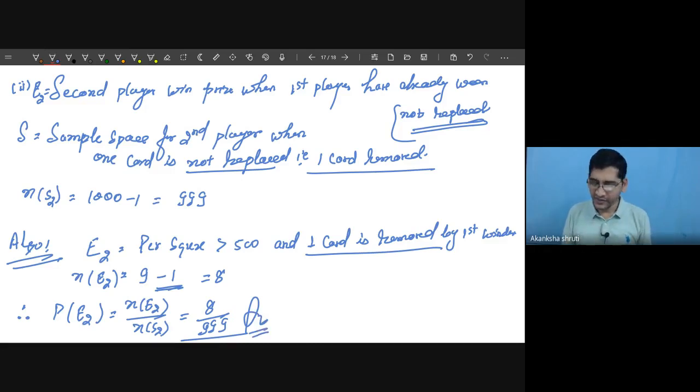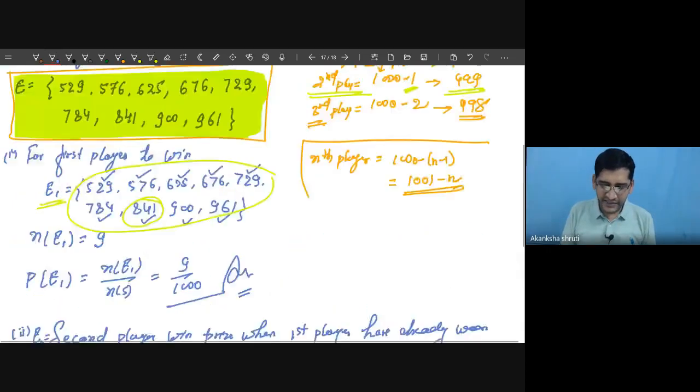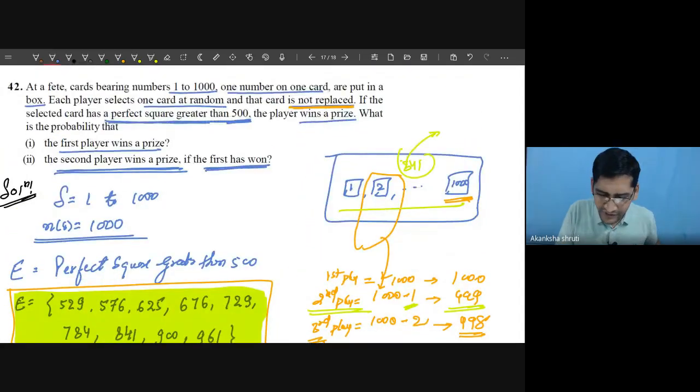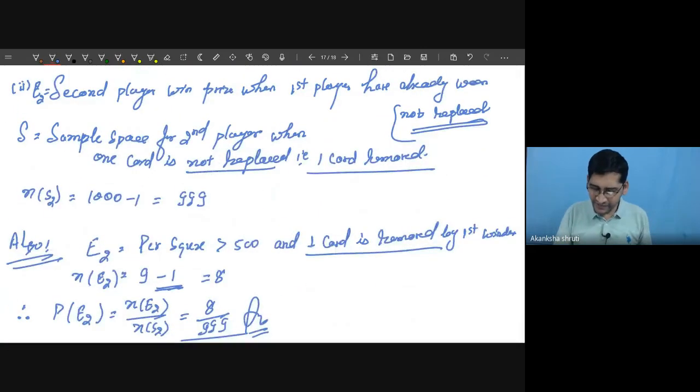Okay, why 8? It is given in the condition that the first person has already won. If it is not given whether the first person has won or not, then we need to consider 2 cases. First person has won or first person has not won. If the first person has won, then 8 by 999.